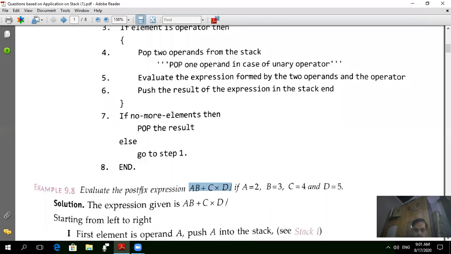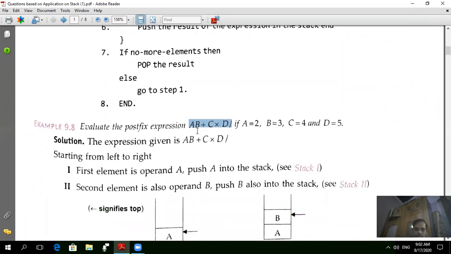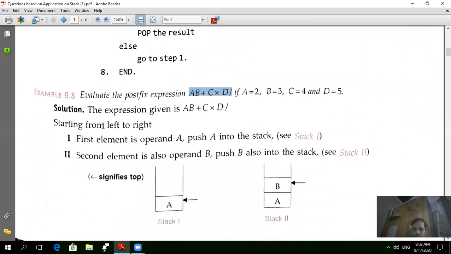Question is, evaluate the postfix expression if the value of a equals 2, b equals 3, c equals 4 and d equals 5. Now see, the expression is given like this. First of all, you have to put the operands into the stack. Here the first step is a, an operand, so push it into the stack.